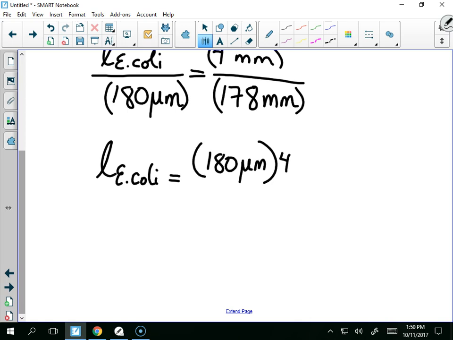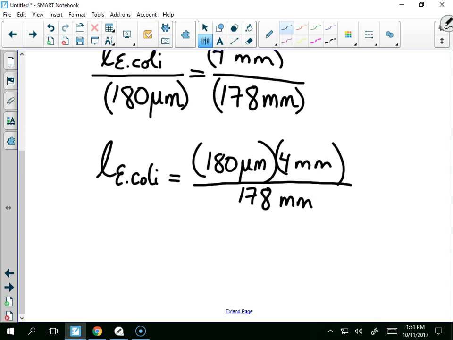What happens here is that, well, we'll write them in. 4 millimeters there, 178 millimeters there. The millimeters cancel each other out, leaving just this unit, which you always want to make sure that you're showing your units in your scientific calculations. This is science, not math.